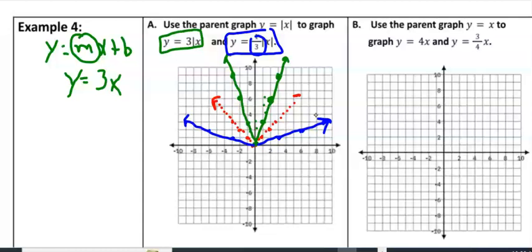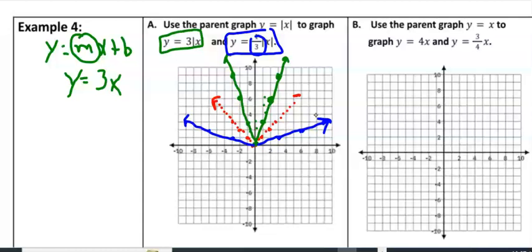That's called a vertical shrink or compression. It's not going up as quick, is it? Horizontally, it's getting wider, isn't it? But vertically, it's getting compressed or shrunk.